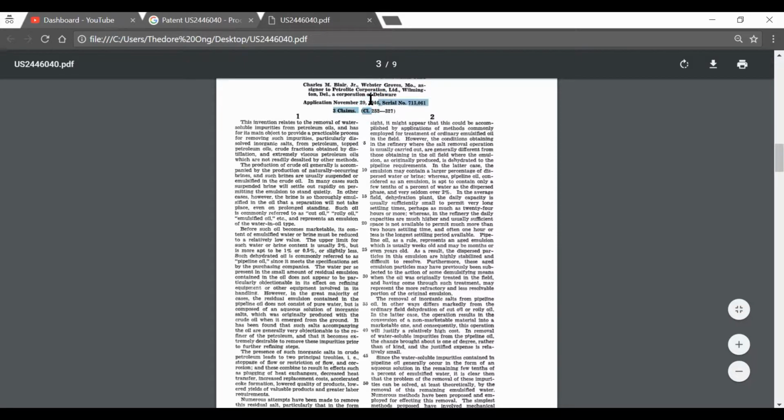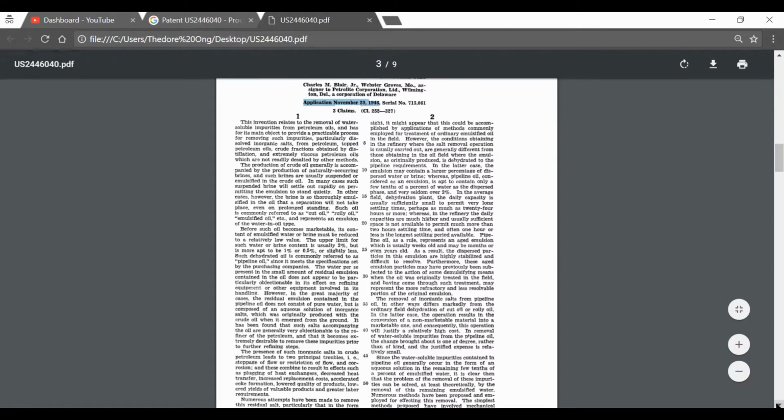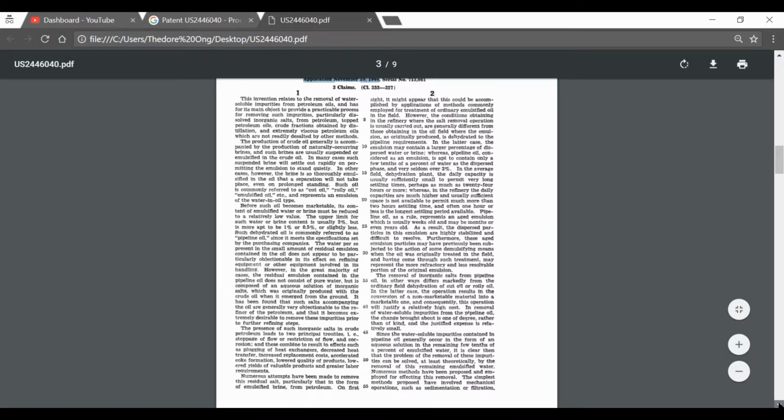Yeah, you can see here. So in 1946, there may have been other processes to process the crude oil already, or rather to desalt the crude oils, but that was insufficient for the refinery. So this explains the reason why you need to develop a whole new process for desalting crude oil.